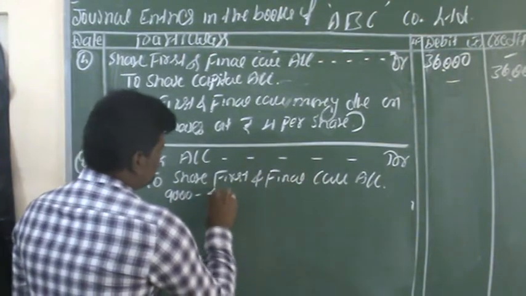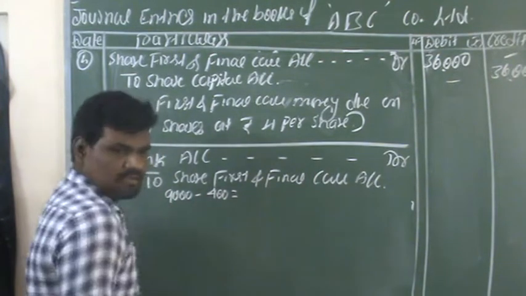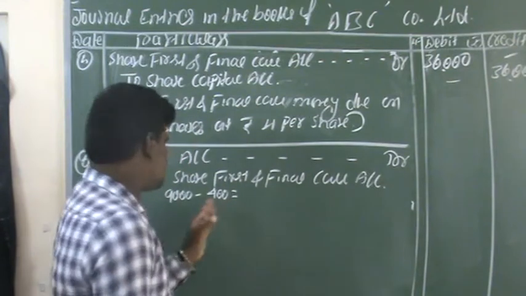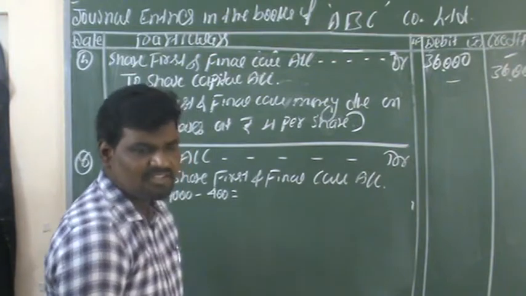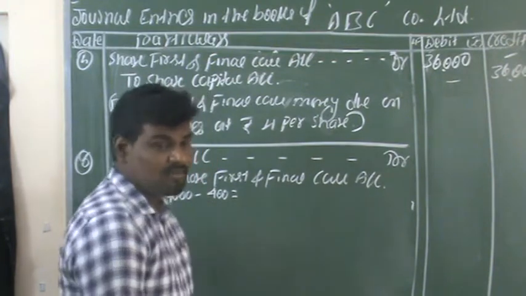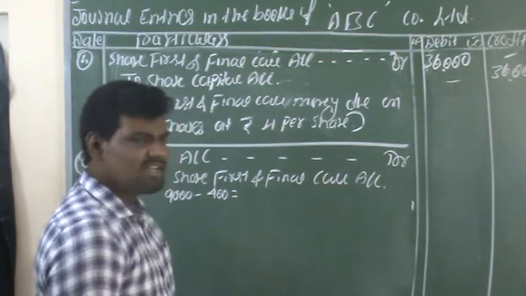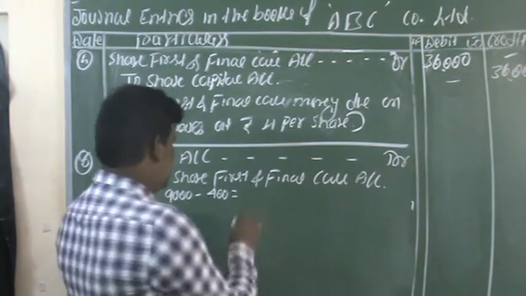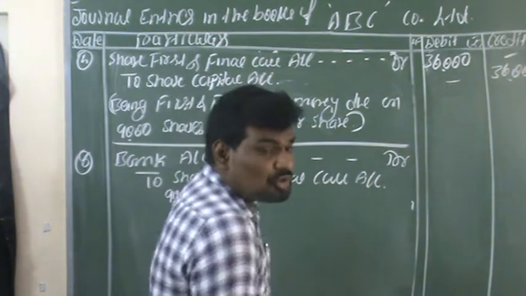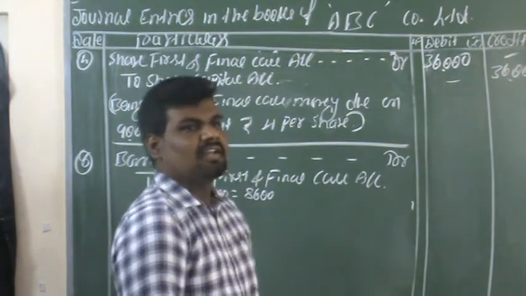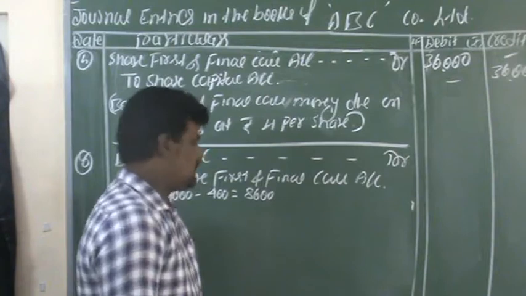9,000 shares minus 400 shares. The total number of issued shares is 9,000. Out of 9,000 shares, we are not receiving the amount on 400 shares at the time of the first and final call. So what are the remaining actual shares? 8,600 shares only.